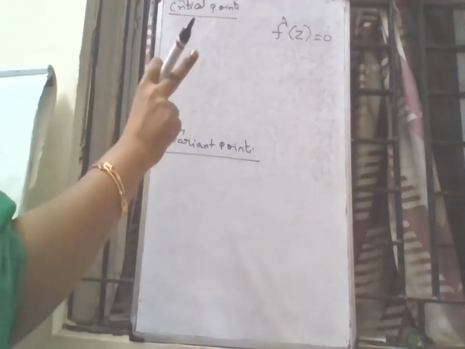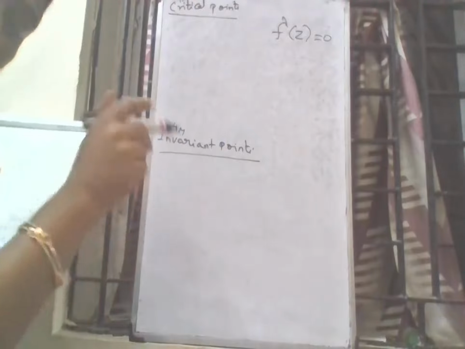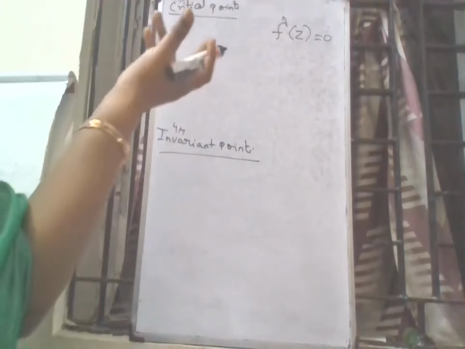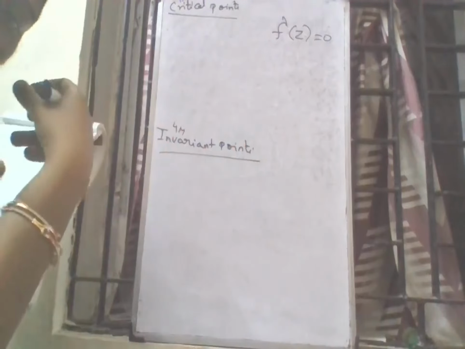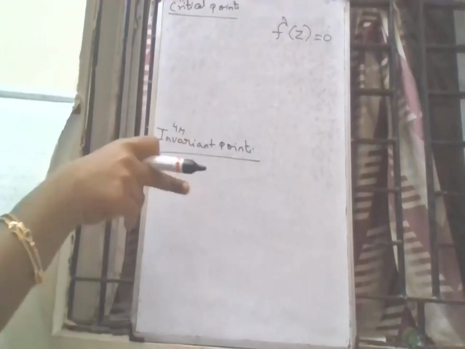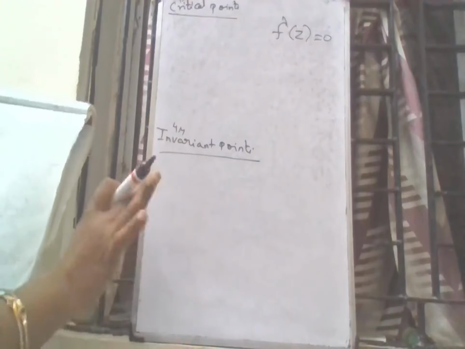So whenever critical points are asked, please remember slope, deflection. At what point will I get deflection? I mean the derivative to be 0. If you make the derivative 0, I'll get that particular point. I mean the stationary point, or otherwise critical points. Okay, in which plane? Is that plane, right?